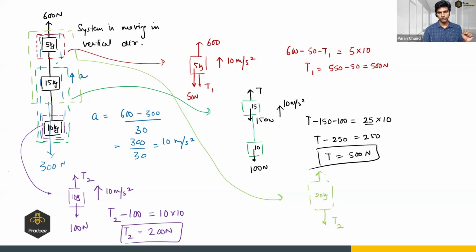There is an external force of 600 Newton. And there is a gravitational force of 200 Newton in the downward direction. So we can say 600 minus 200 minus T2. Mass of the system will be 20. And the acceleration is 10. So T2 comes out to be 400 minus 200, so that will be 200. Got it?